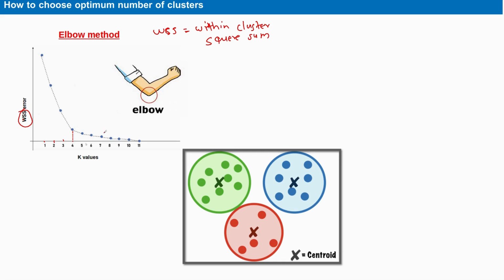WSS error means the within-cluster sum of squared errors. With respect to this cluster 1, we need to find the distance between the centroid and each of the points, and take the sum of all these squared distances, and that is our WSS error for this cluster. Then again we do the same for this cluster, and for this cluster.